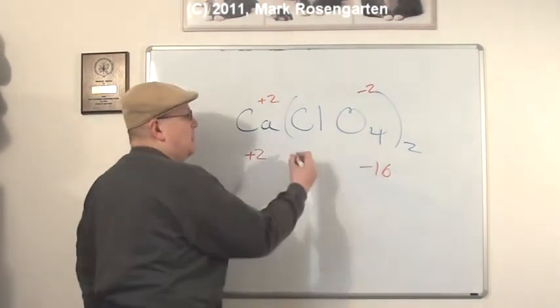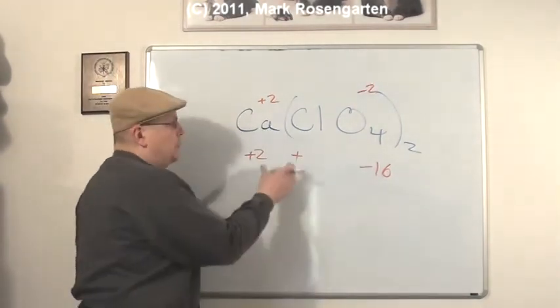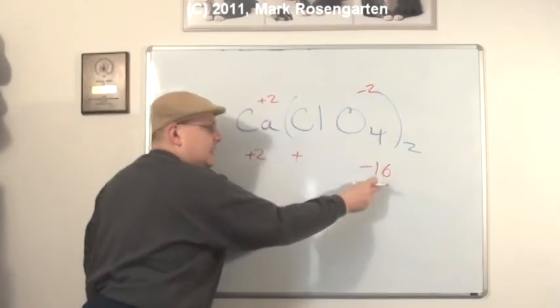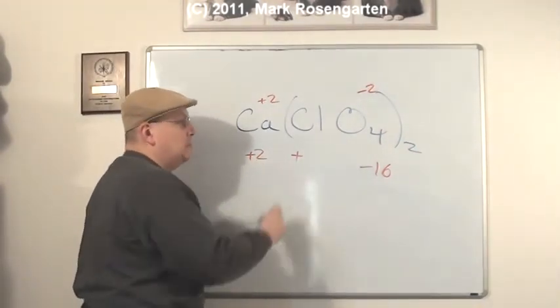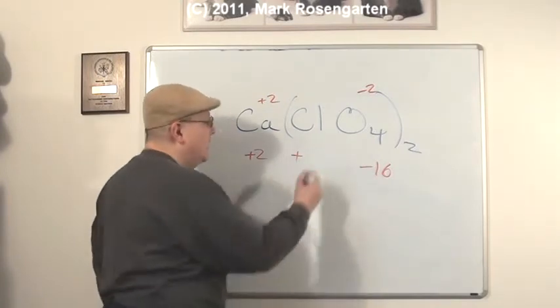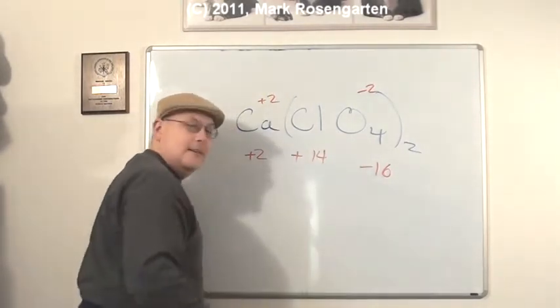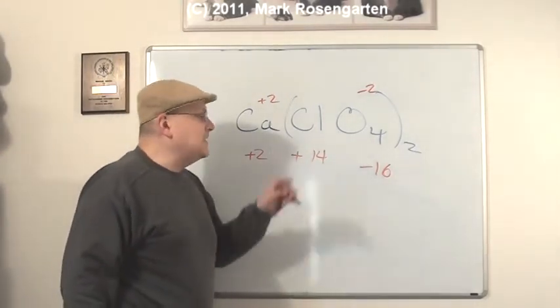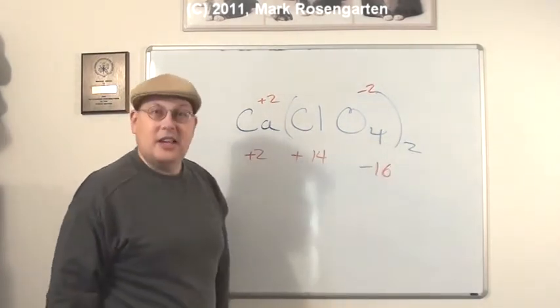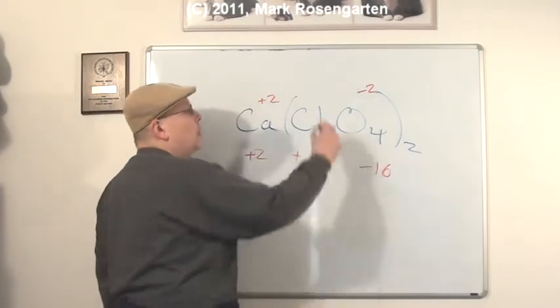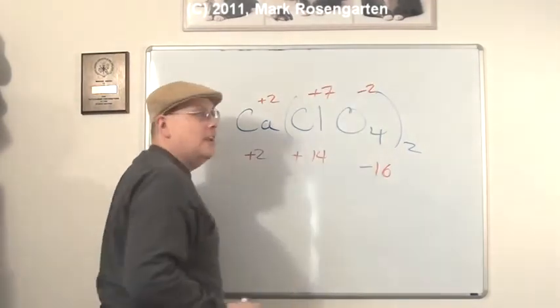Obviously chlorine has to be positive in order to bring this all up, so it's -16 and +16. Let's see, we got +2 already. We need positive what to make it +16? Yeah, +14. Now that +14 charge is distributed between the 2 chlorines in the compound. So each chlorine is +7 in charge.